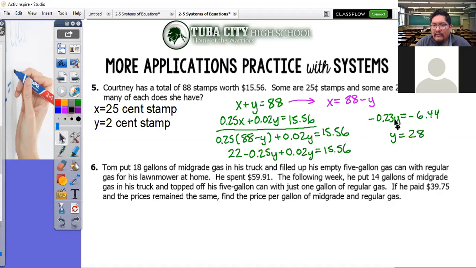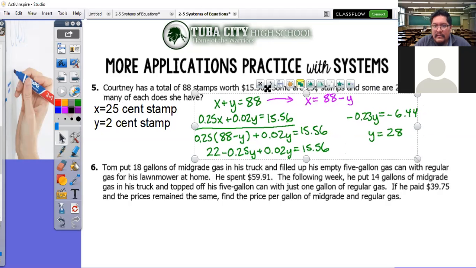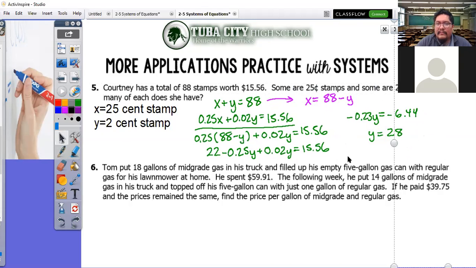I wonder if I can move this equation over a little bit here. Okay, I can't just move one little piece. So I'm going to have to try my best to plug this into one of the original equations. Actually, you know what? I don't need to plug it in. Because if we have 28 2-cent stamps, how many of the 25-cent stamps could we have to make it equal 88?